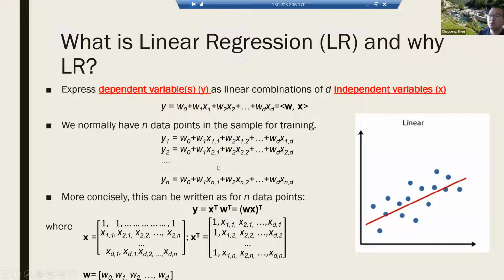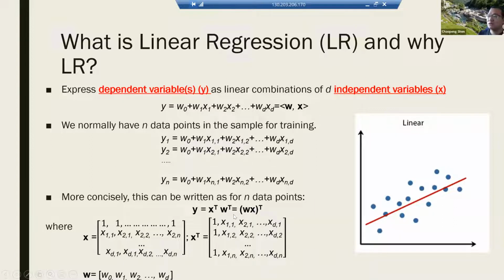You have these data points, and that same line needs to go through all the data points, so this is repeated n times. You have n sets of predictors and n outcomes, right? So this can be written concisely as a matrix multiplication, which is the weights times the x.